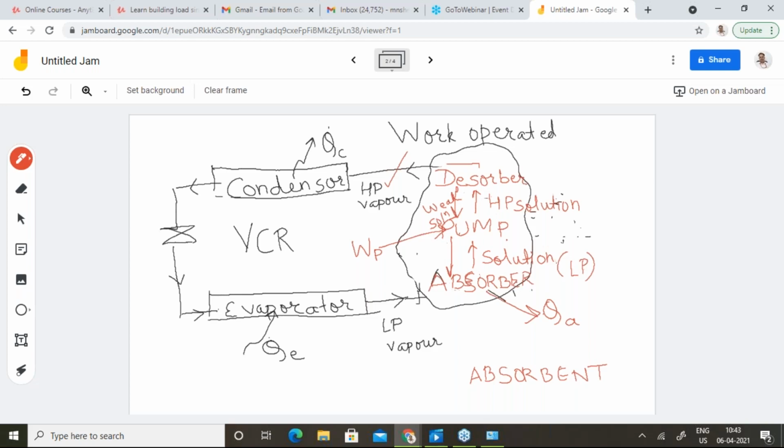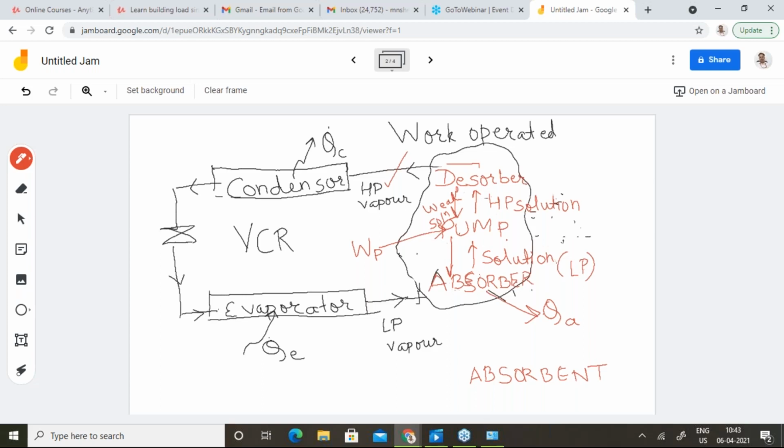This system in total would absorb the low pressure vapor and reject the high pressure vapor. So this combination of absorber, pump and desorber has achieved the same effect as the compressor, right? And this technology is called the vapor absorption technology.